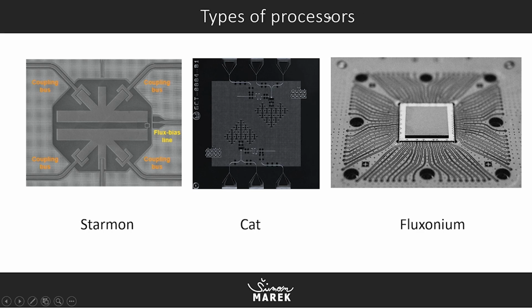We have cat qubits, which are very different in nature because of the way they encode their qubits. So they have different advantages over Starmon. And there is also fluxonium, which has more protection from unwanted behavior from the outside world.